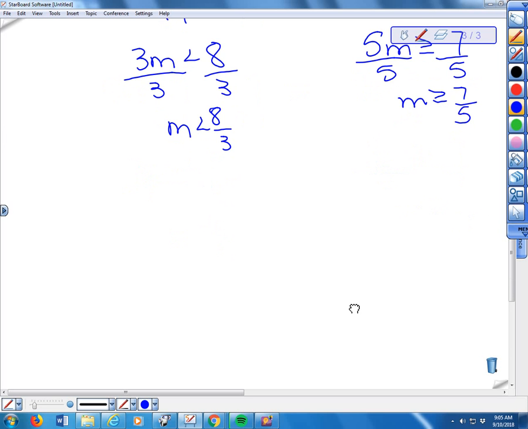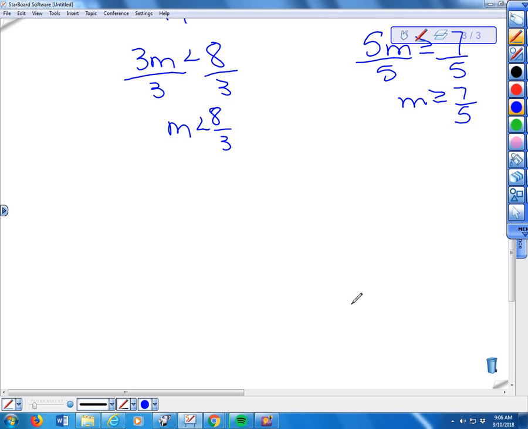What's bigger? Yeah, 8 over 3. Why? Because n is negative. Well, no, because 7/5 is positive too. Well, how many times is 3 going into 8? Twice.